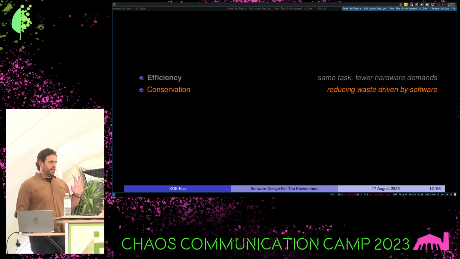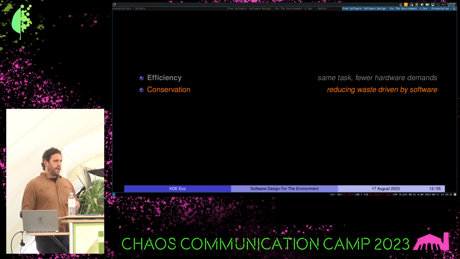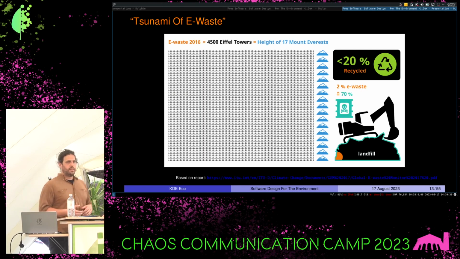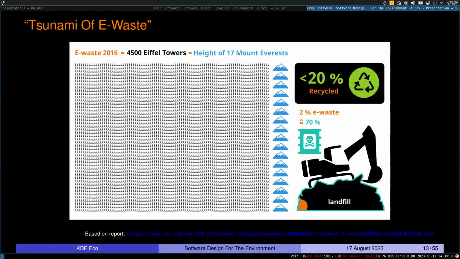Okay, now conservation. Reducing the waste. And when we're talking about waste, let's start where the waste lands in the landfill. This is an infographic representing the e-waste from 2016. Already 1 year before that, Achim Steiner from the UN commented that there's a tsunami of e-waste rolling out over the world.